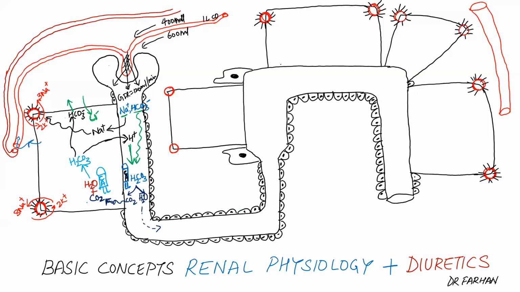This CO2 travels inwards and combines with the water present inside the cell in the presence of cytoplasmic carbonic anhydrase enzyme and forms carbonic acid. This carbonic acid now splits into proton and bicarbonate ion. This bicarbonate ion is kicked out of the cell. That means it is reabsorbed in exchange with the chloride ion. All right. So this is how our two main important ions are reabsorbed into the body.